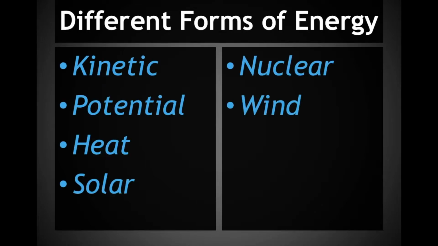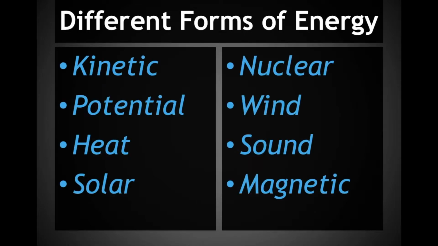These are the different forms of energy that we're going to talk about. Well, we're not going to actually talk about all of them. But here are the different forms of energy. So you have kinetic and potential, which you should have heard of if you have taken physics. Kinetic is like the energy happening at the moment.